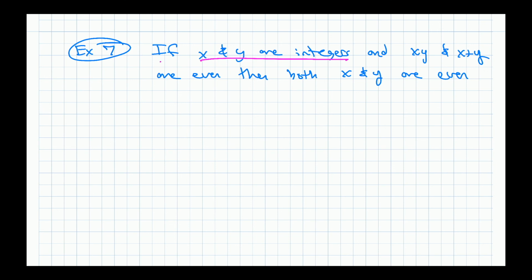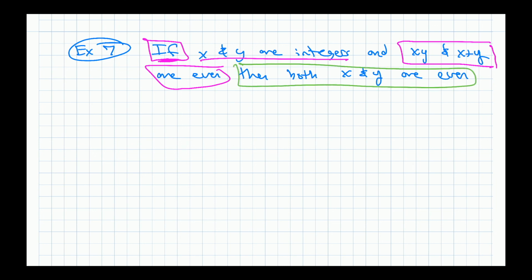But basically you have if xy and x plus y are even, and then you have a then both x and y are even. So it's basically this, right?